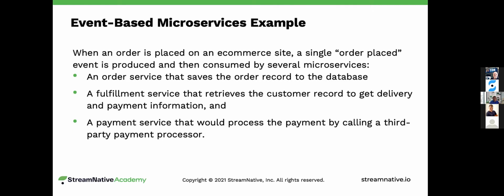And then the payment service could also say, okay, I have to take this credit card information, whatever, and go to a third-party payment processor to secure funds and make sure everything is secure. And so you can see multiple different services doing different things based on that one event. It's sort of a classic example of an event-driven microservice.